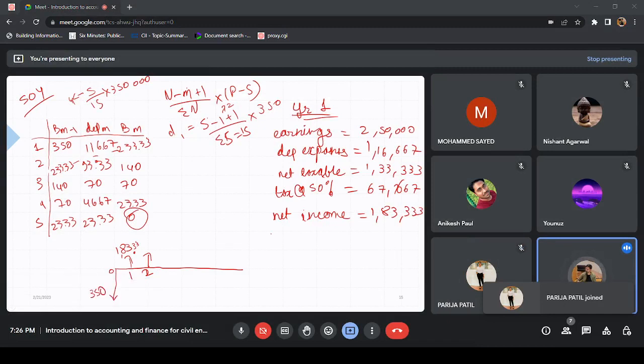Now tell me, for year 2 what will happen. Year 2 you will say 250 is your income, minus depreciation expenses 93.33. That gives your net taxable as 156.67, right?